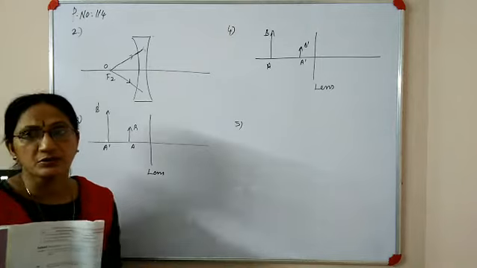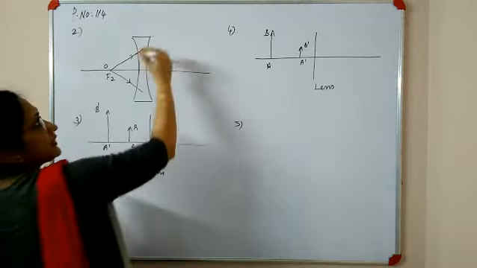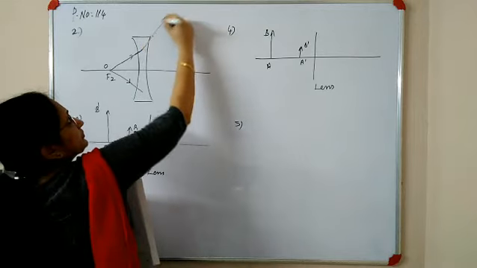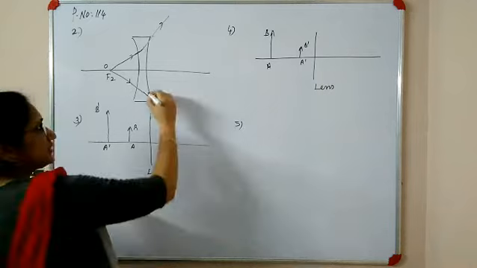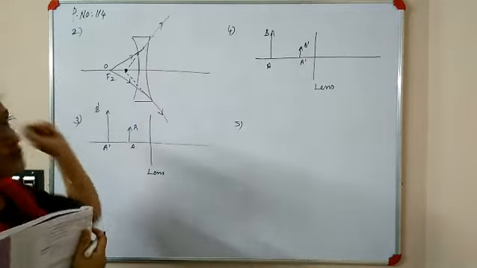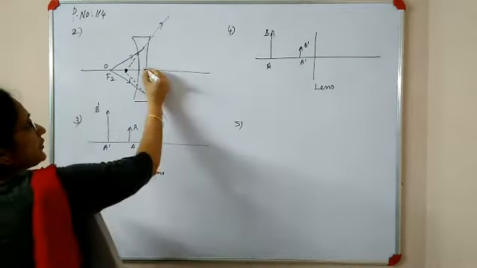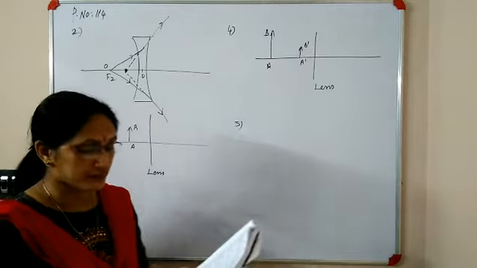Okay, and you know concave lens is a diverging lens. So these rays will get diverged. These diverging rays, when you extend backward, appear to meet at this point. So the image will form between the optical center and the principal focus.